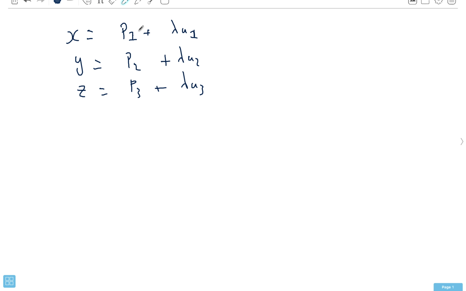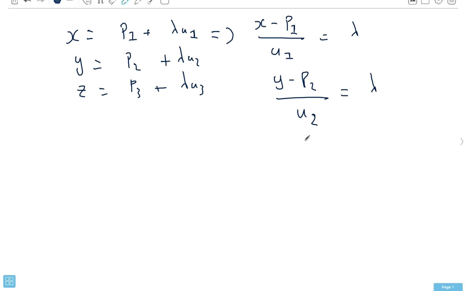And to do this, all we do is solve for lambda. So this implies that (x minus p1) over u1 is equal to lambda, and so on, (y minus p2) over u2 is equal to lambda, and (z minus p3) over u3 is equal to lambda.